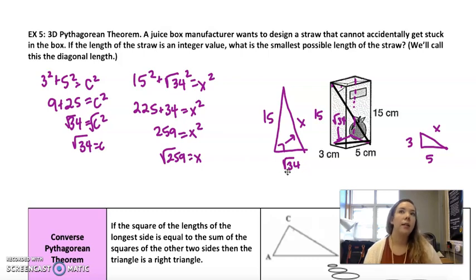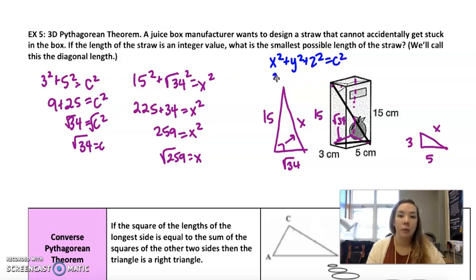Now that is how you would do it if you're only using normal Pythagorean theorem. You would do it twice, and that's really why it works. But you could also do, we call it x squared plus y squared plus z squared equals c squared, where you plug in your 3, your 5, and your 15. This will also get you to that root 259, and it's quicker, it's more efficient.